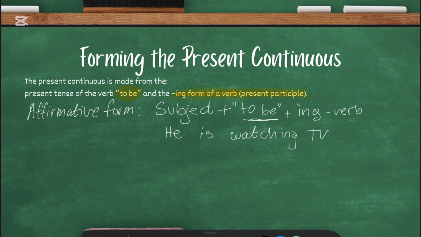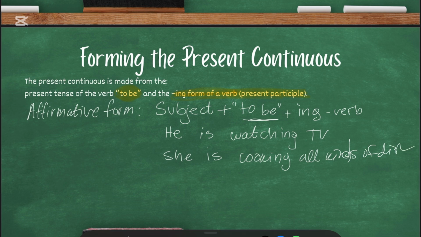Or she is cooking all kinds of dishes. For example, they, the verb to be are, they are building a new house.